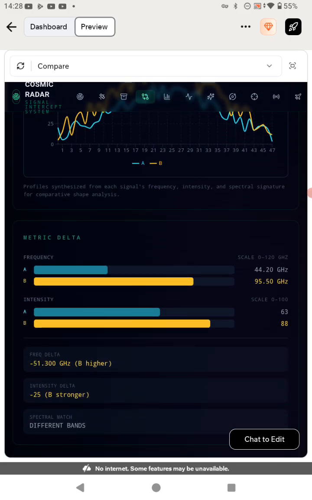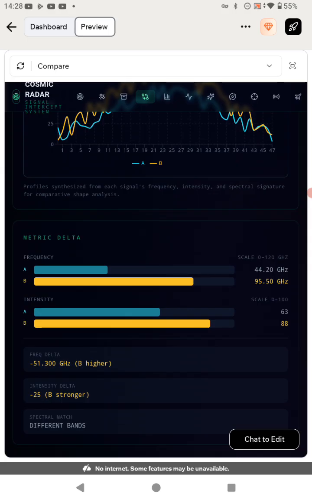Now, we've got frequency. Okay, now, metric delta. A is transmitting on 44.20 gigahertz. B, 95.50 gigahertz. And then intensity is 63, and the bottom one is 88. So you can actually see a bit of a difference down there.